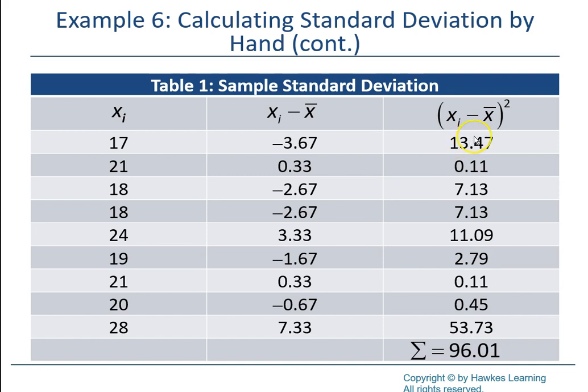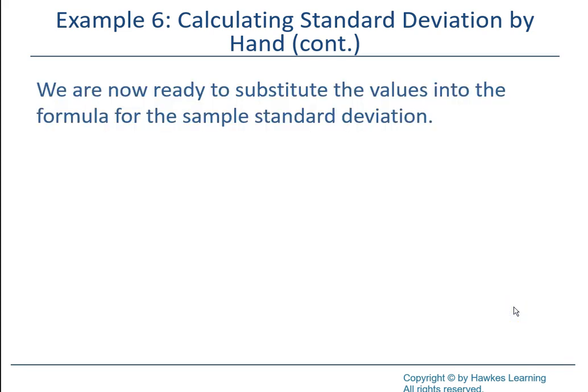Now just think, if you're doing this by hand and if you make little errors along the way, this is not going to end up correct. So that's why it's so useful to be able to use a software or a calculator to do this. Now we're going to take this number and put it in this formula.